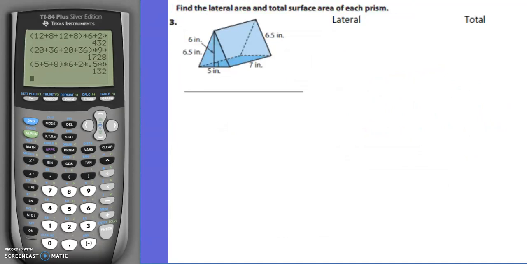So first, let's write down the formula. S equals the perimeter of the base times the height of the prism plus twice the area of the base. Let's identify what the base is. This is the base, and this is the base.